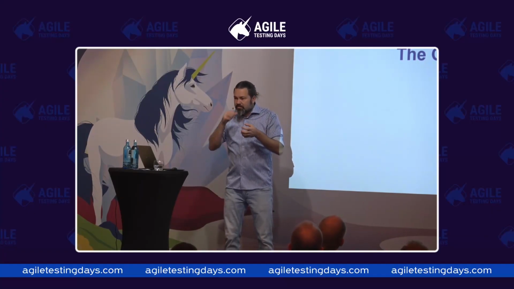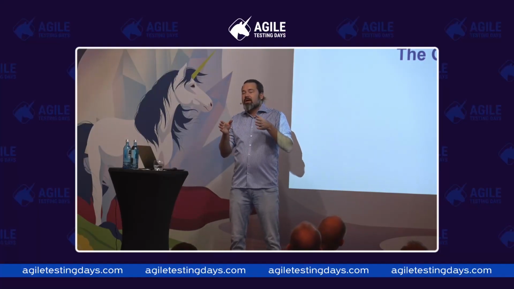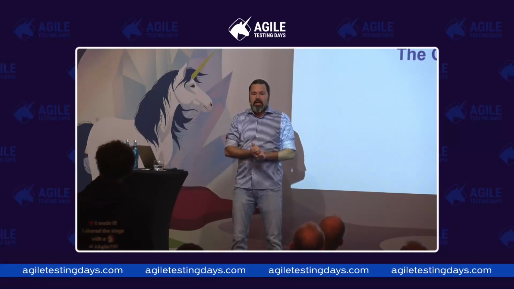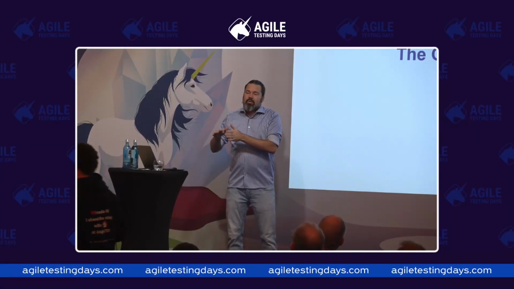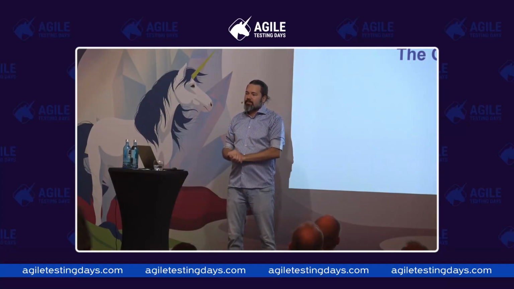To give you heuristics, to give you a gut feeling, to give you data where you have to do a lot of testing because the likelihood of new bugs is very high, and where we can maybe get away with less testing. And I want to both share the background and the research foundation and examples from practice.